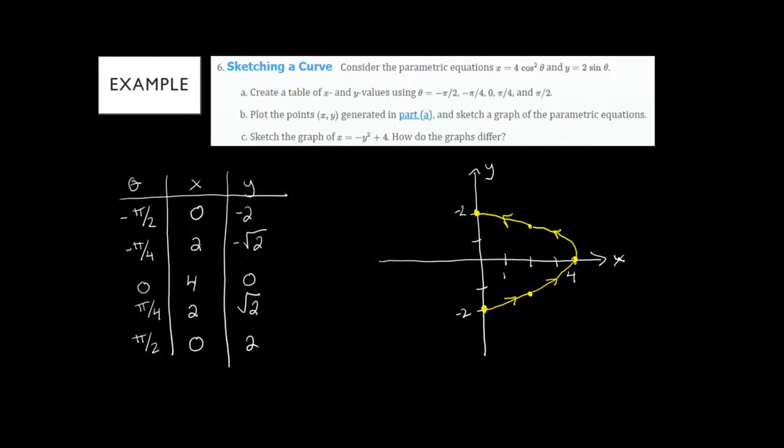So let me do this in a different color. Negative y squared plus 4 graphs over negative infinity to infinity versus our graph.